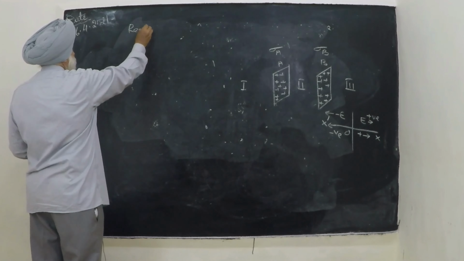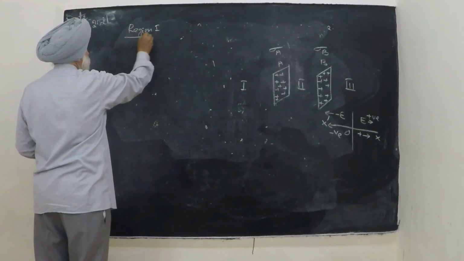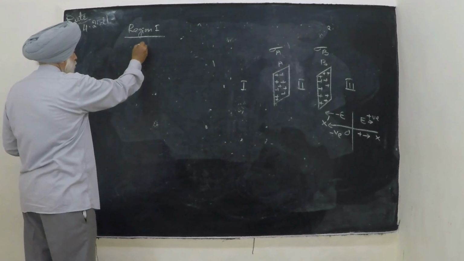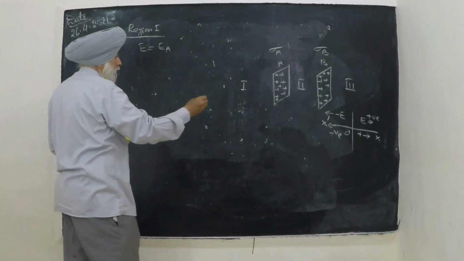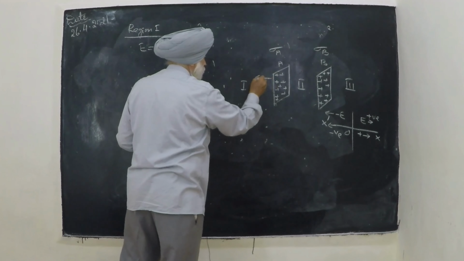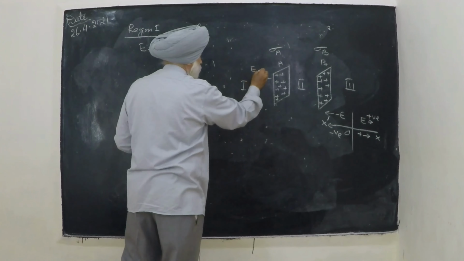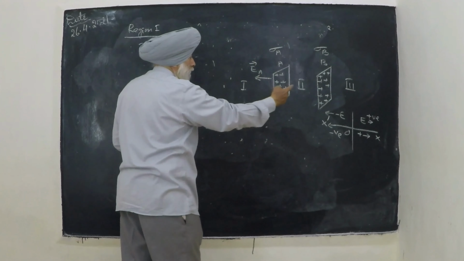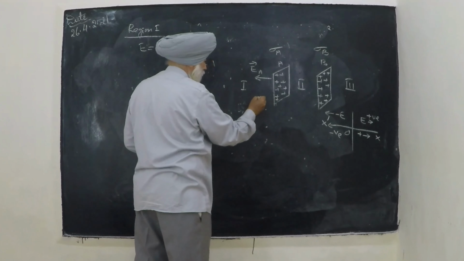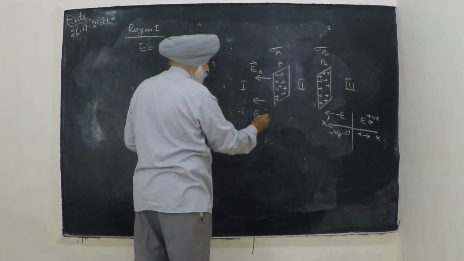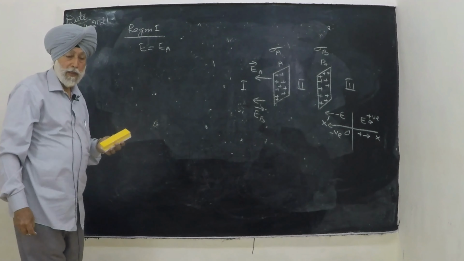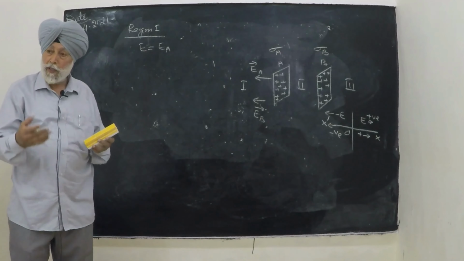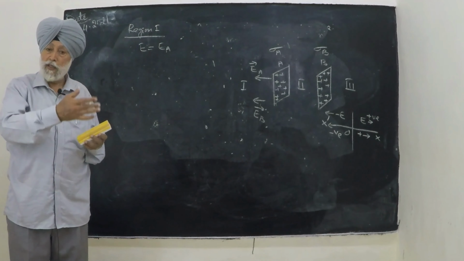In region 1, what is the electric field intensity? The electric field intensity due to this sheet will be from right to left. This will also produce an electric field which is also from right to left. Due to both the sheets, the electric field intensity is from right to left. It means both the electric fields are negative.